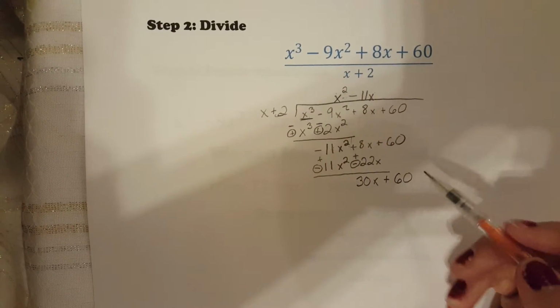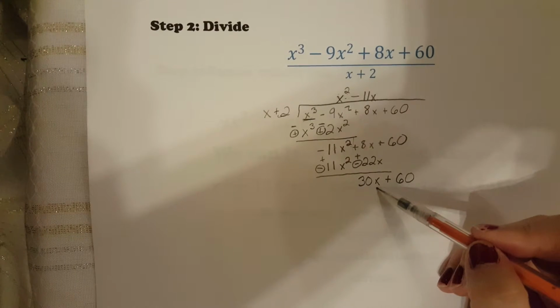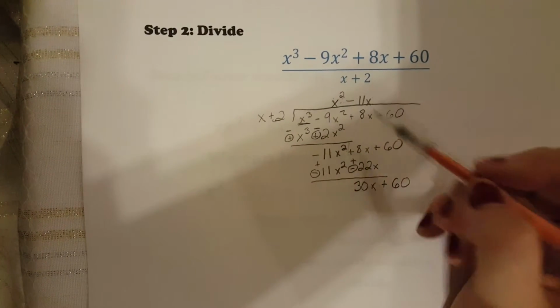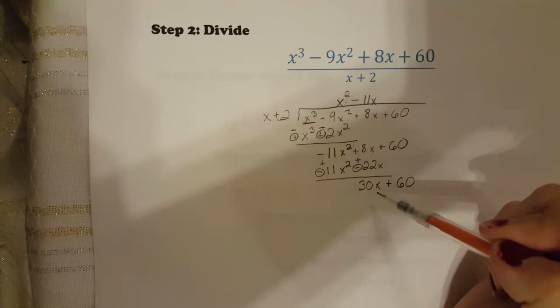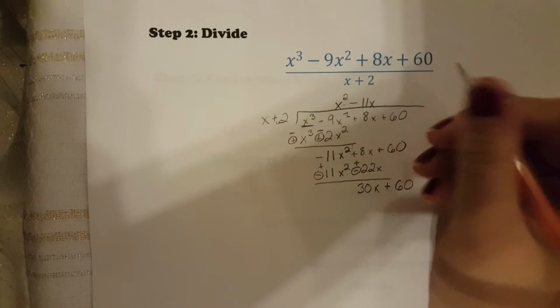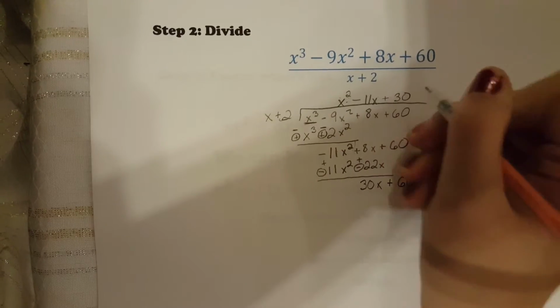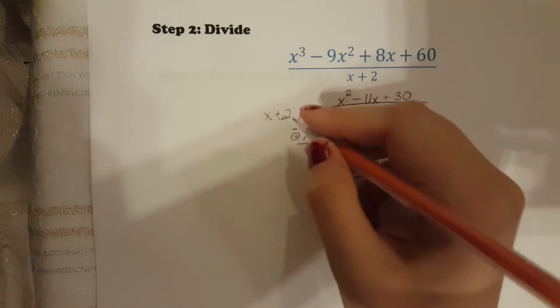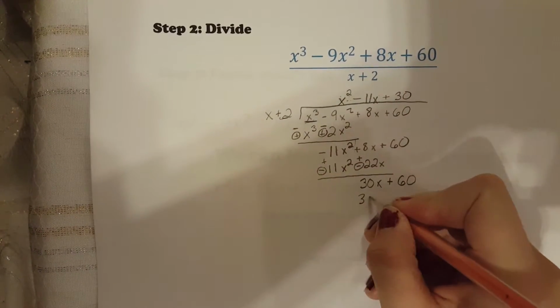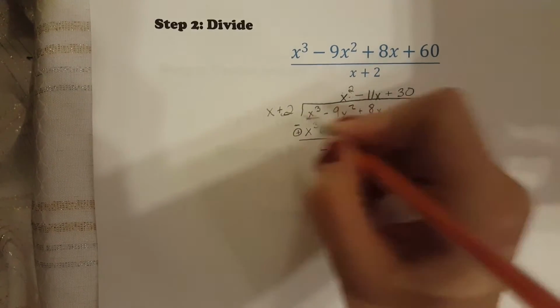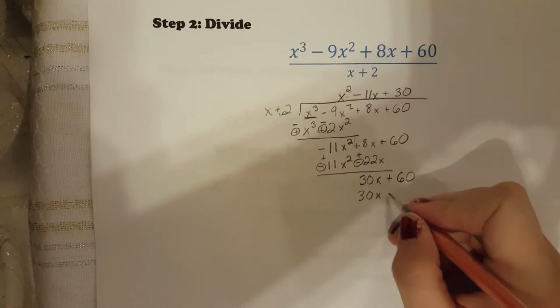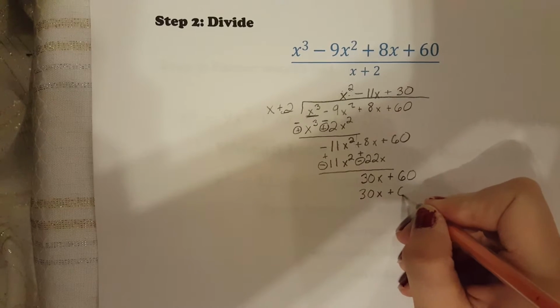Okay, last step. We have this 30x right there, and we want to find something that multiplies to this x to give us 30x. Well, as you probably have figured out already, it's 30. So 30 times x is 30x. Then 30 times 2 is 60.